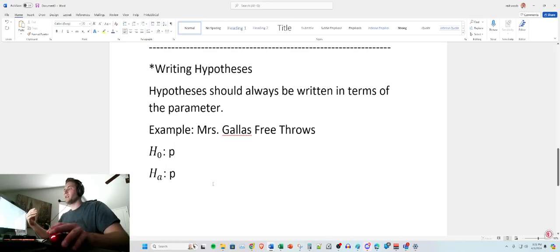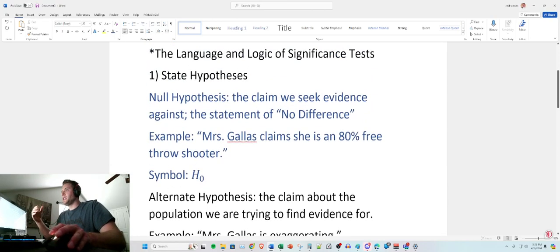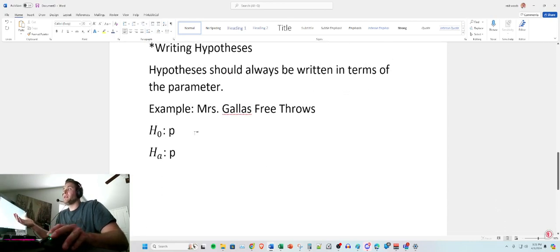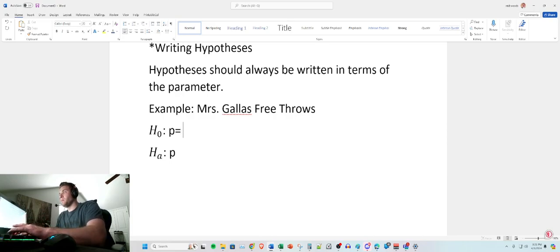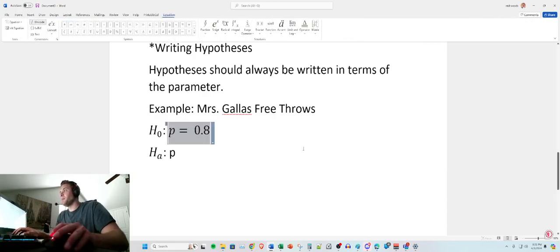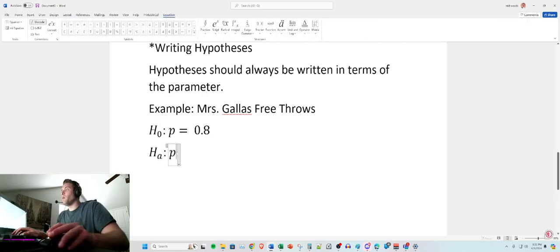So we are saying the null claim, the one that we are seeking evidence against, it's the statement that's no different. It's really just the claim that she made. It's what's pre-existing. P is equal to 0.8, 80%. That's what she said. She is an 80% free throw shooter. Okay. What we're trying to show is that she was exaggerating. Okay.